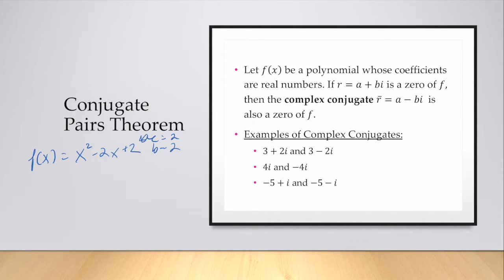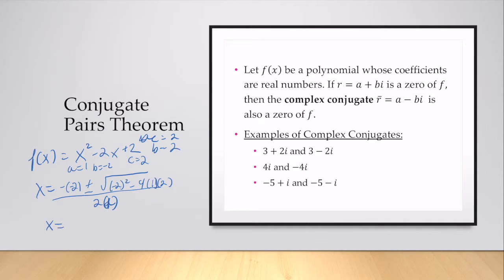So here I have x equals negative b, which in this case is negative 2, plus or minus the square root of b squared minus 4 times a times c, all over 2a, which is 2.